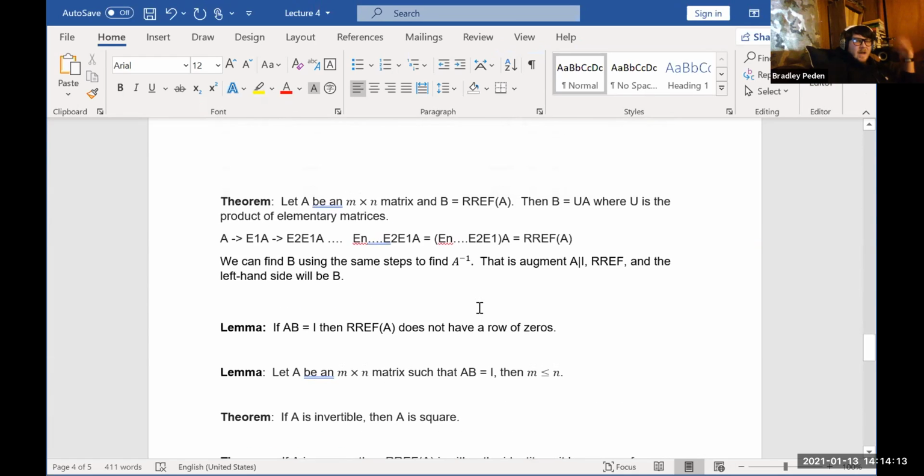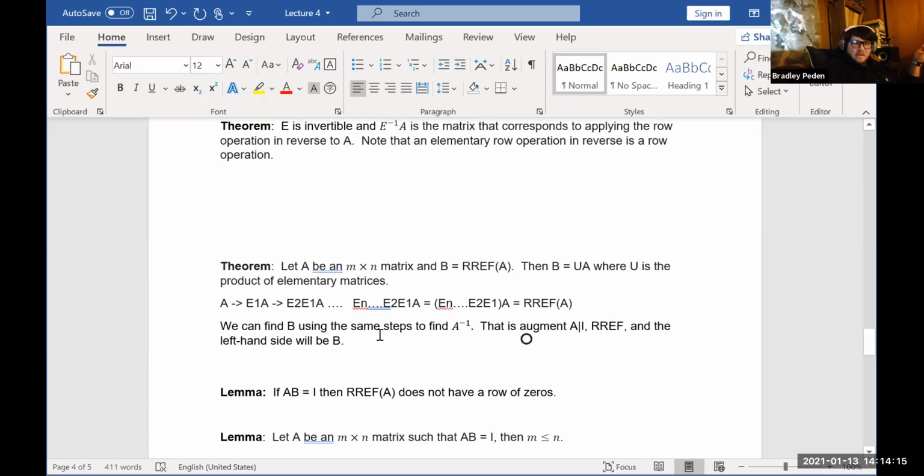So B is not A inverse, correct? Let's see, B is U times A. Oh, you know what? Sorry, it was right. B is not A inverse. So here's the big thing. B is U times A, right? So B is the RREF of A. So if A is invertible, B is the identity.